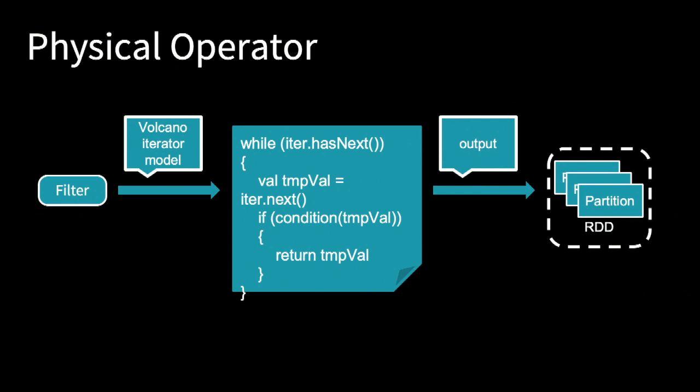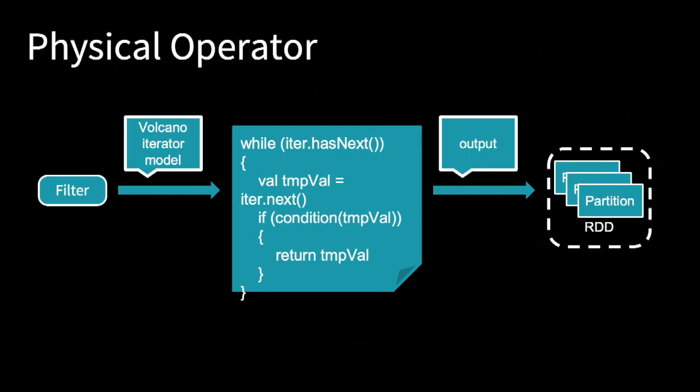Here, we show an example of how to generate the result of a physical operator under the Volcano Iterator model. Basically, the physical operator has to provide a doExecute method, which provides a code snippet that consumes the input iterator and produces its own. In this way, we execute a physical operator and generate an RDD that represents the output data.